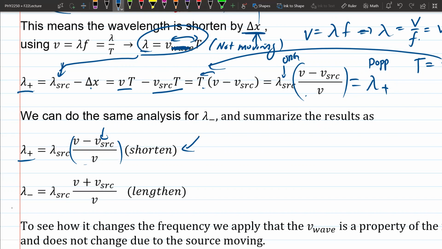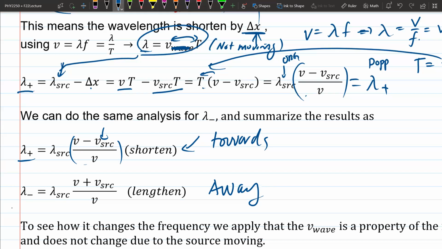If you are moving towards, okay? If you are moving away, similarly, the mathematics is basically the same. You just get a plus sign between the speed of sound and the speed of the source. So when you add something to it, this is 350, and let's say the source is moving at 50 meters per second, you get 400 divided by 350.